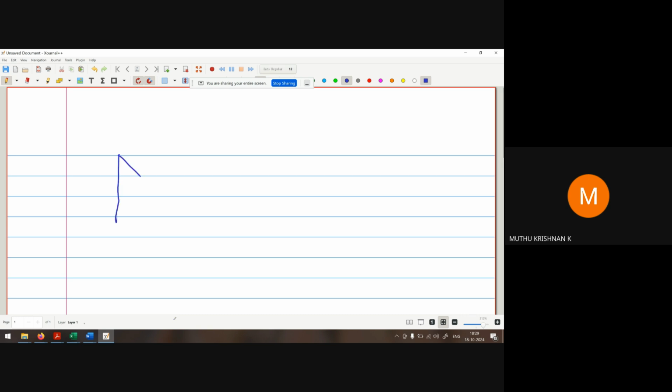So this is my integrator. This is my circuit. If I say this is the V minus voltage, this is the V plus voltage, then V plus is equal to V minus is equal to 0.